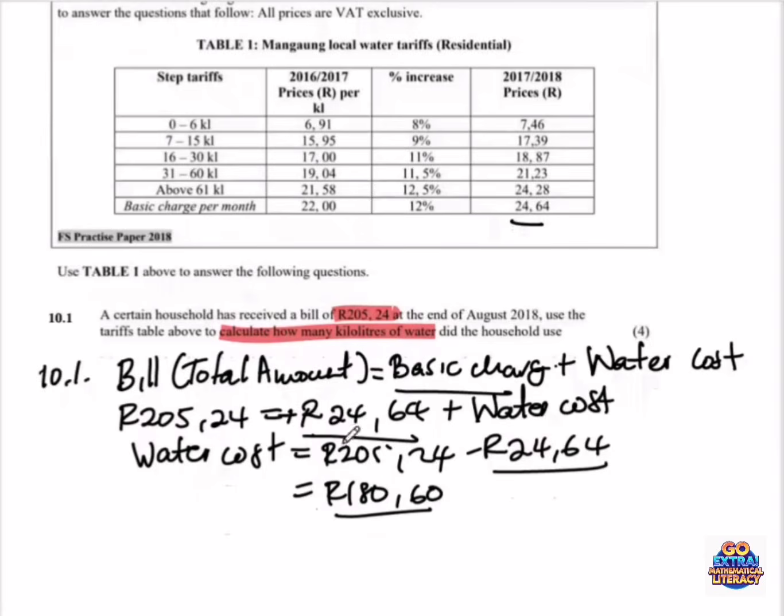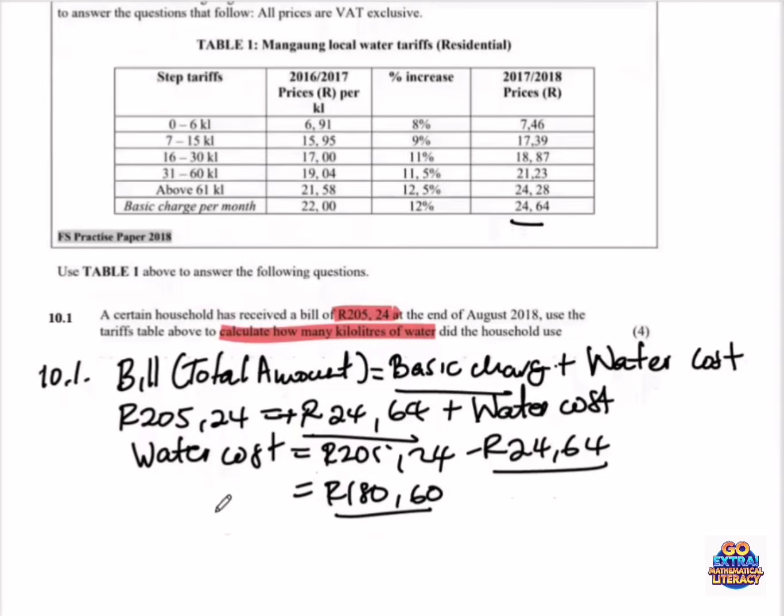We're going to go back to the table and try to calculate the cost of these kiloliters and compare it with the cost of the water that we have here. This is the cost of water from the 205 rand.